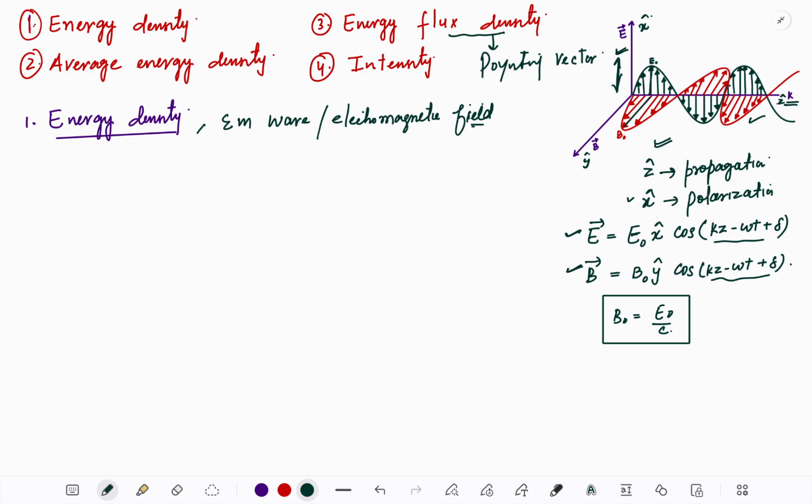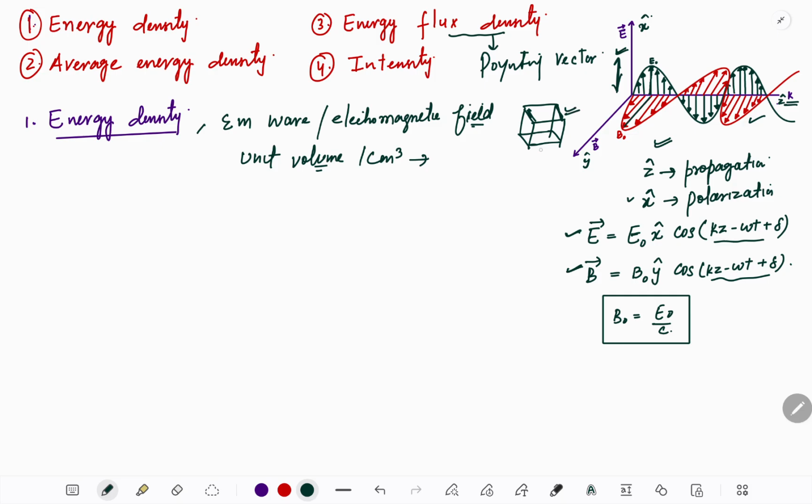So if I take some unit volume in space, let's assume 1 centimeter cube, the wave should pass through this volume.